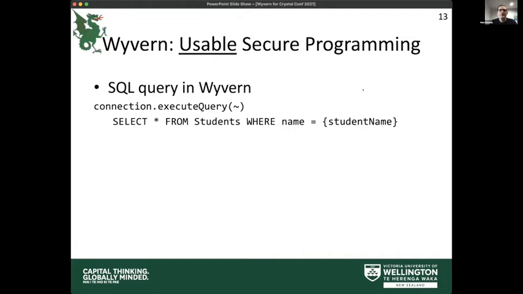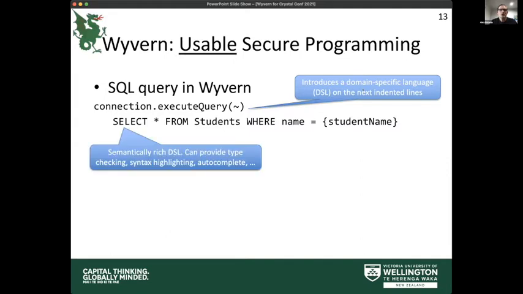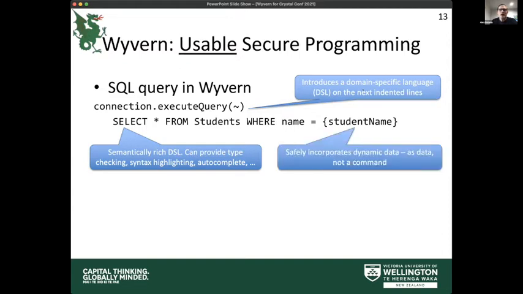So everything that is offset to the right is passed to the SQL type to be parsed and dealt with appropriately, including going back to the original language, where student name is going to be extracted from the actual Wyvern variable.